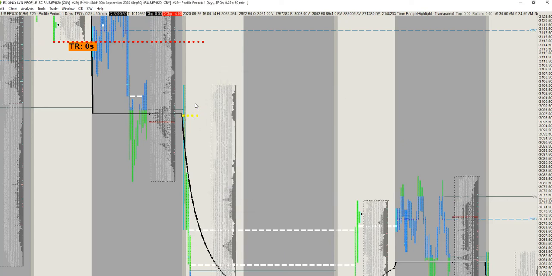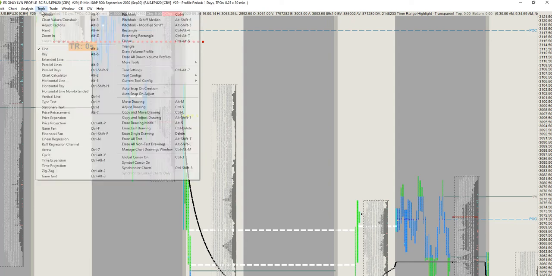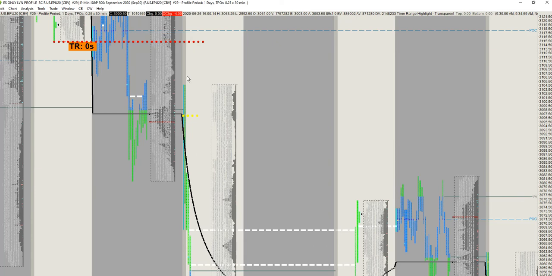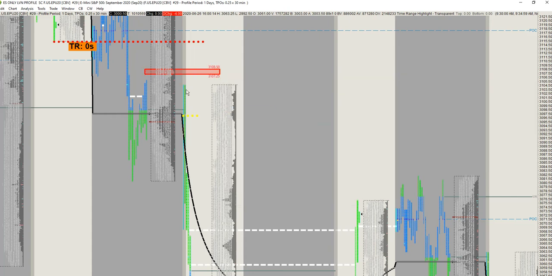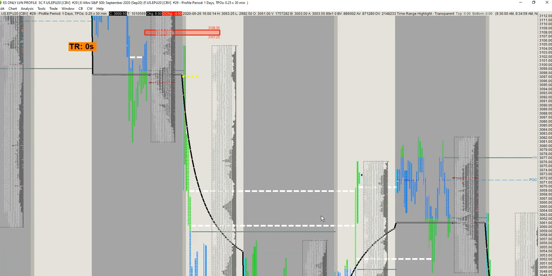And again, I think I mentioned this before, but the first signal of weakness is we open and we reject a low volume node that was important from the overnight. I'm just going to cut this here. That's important. That was a good way to make sure that you saw that context coming from the overnight.